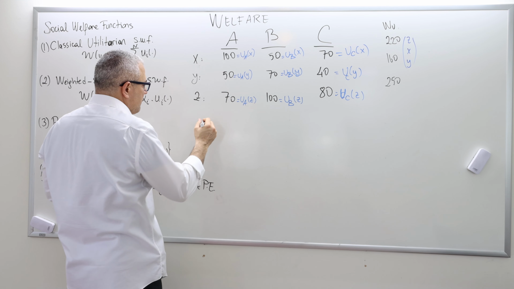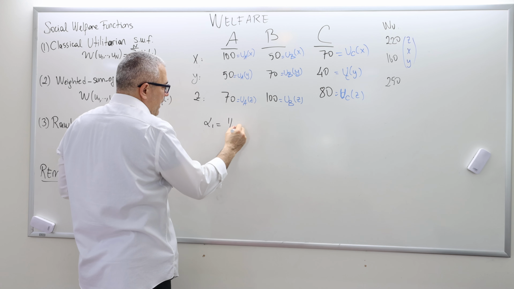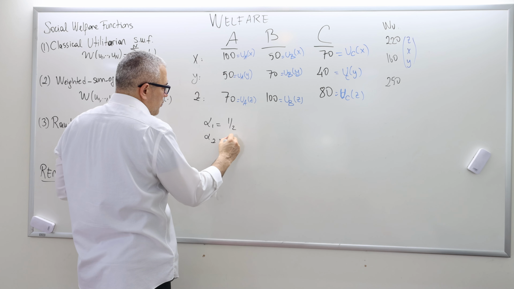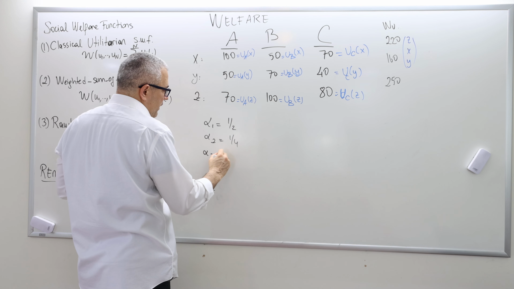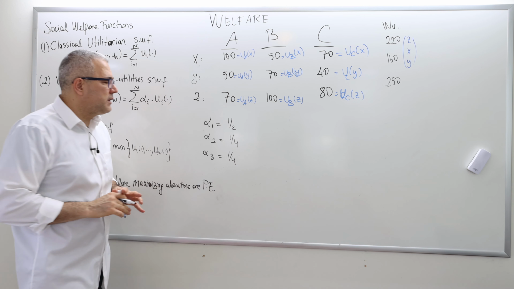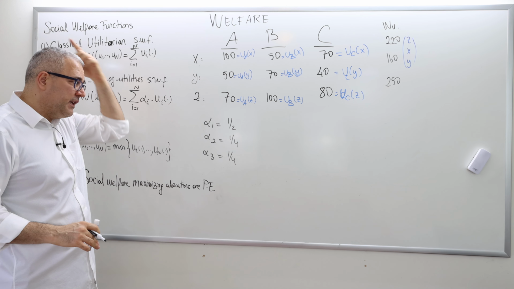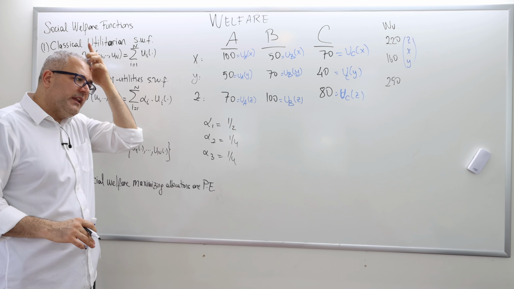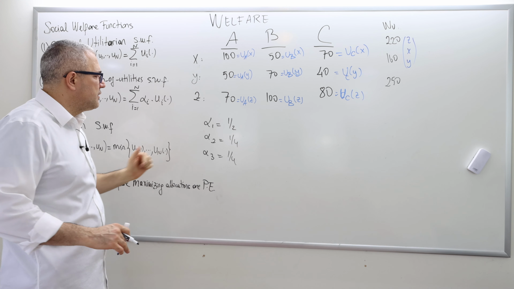Say alpha 1 is equal to 1/2, and alpha 2 equals 1/4, and alpha 3 is equal to 1/4. All right? So half of the company is owned by agent 1. The remaining half is split equally between agents 2 and 3.